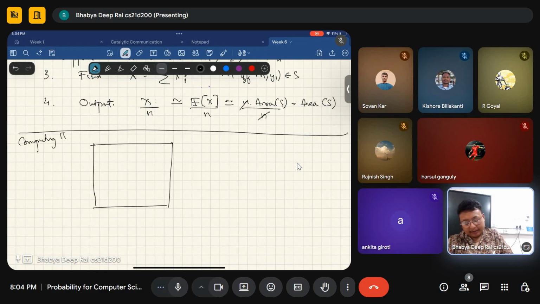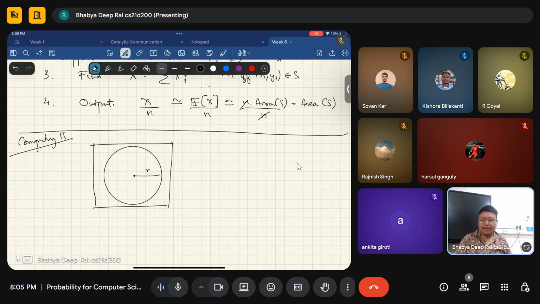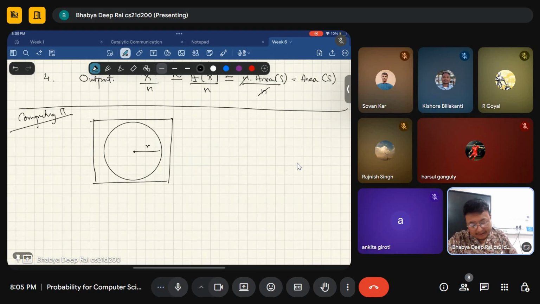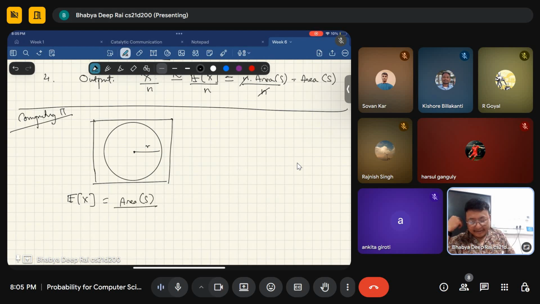Computing pi. Okay. So now imagine you have a circle of radius r. You draw a unit square and you draw a circle of radius r. Now what do you get? Well, again we computed that expected value of X is the area of S divided by the area of the square, which is area of S by 1 square.